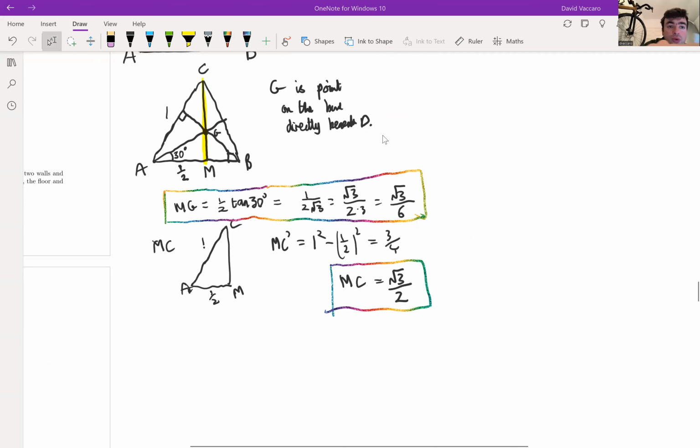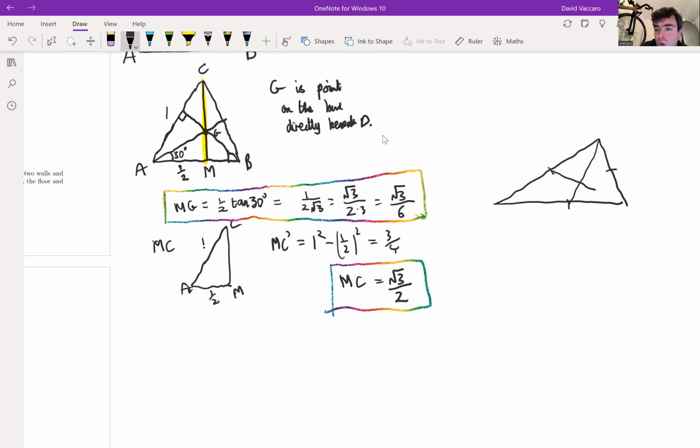Well, the general theorem is that if you draw any triangle, equilateral or not, and then look at the midpoints of the three sides and join them to the opposite corner, then these three lines, which are called medians, all meet at a special point called the centroid.